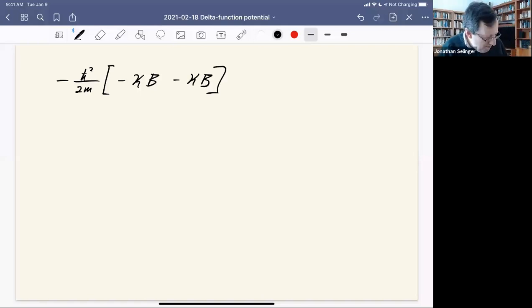All of that minus α times ψ of 0, that's b, equals 0.